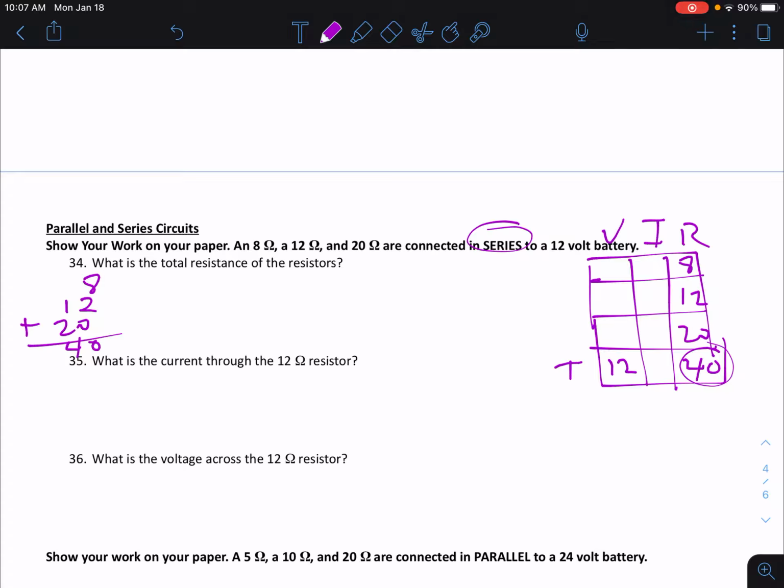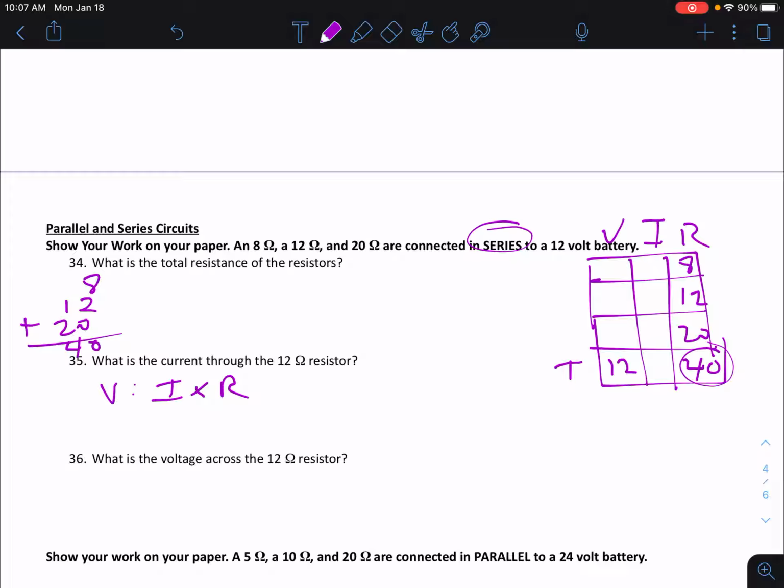Question number 35. What is the current through the 12 ohm resistor? We have to find out what the total current is by using Ohm's law, voltage equals current times resistance, because if we can find the current in one spot, we can find the current anywhere, because current is the same through the whole circuit.